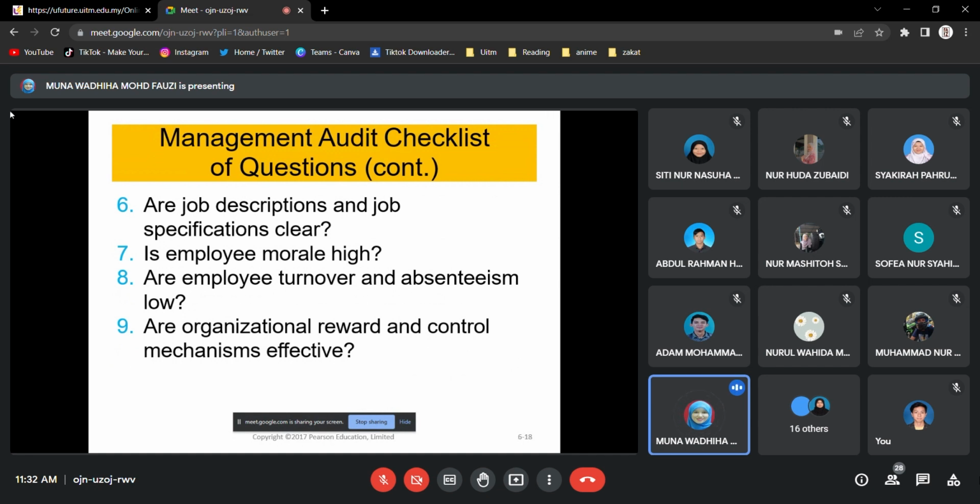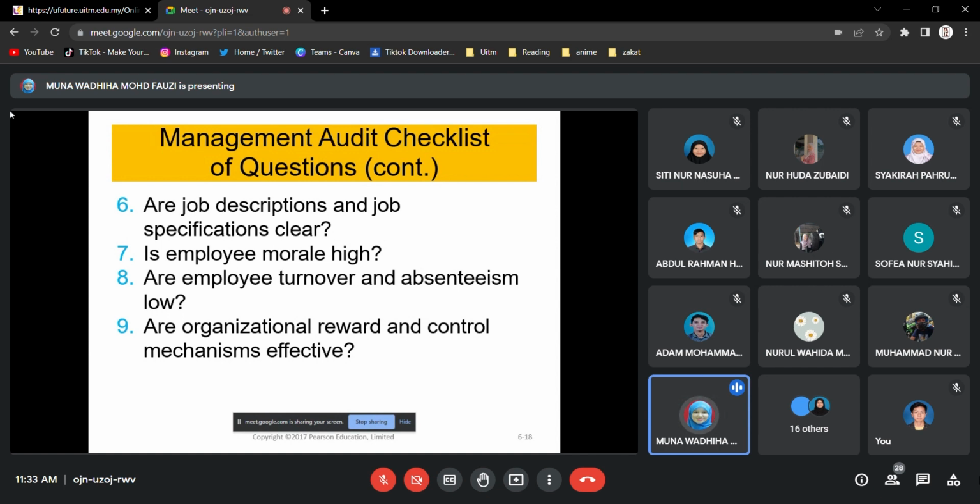Another example, the potential candidate must be an expert in the field of finance and also accounting, for example. All of this is based on job specification.